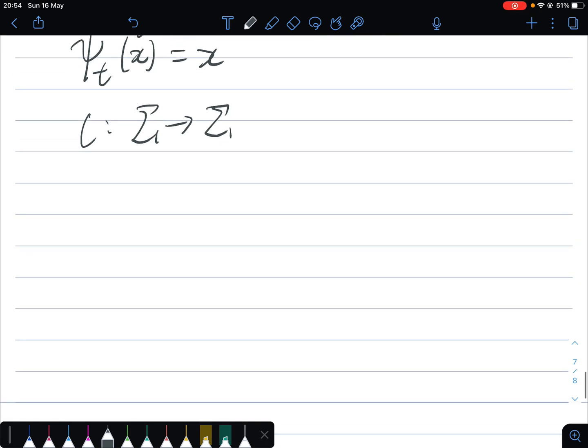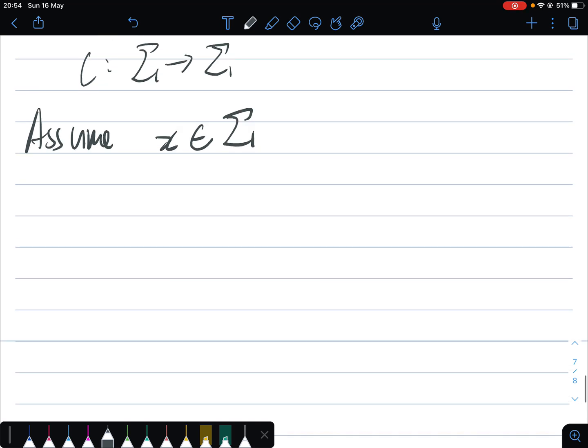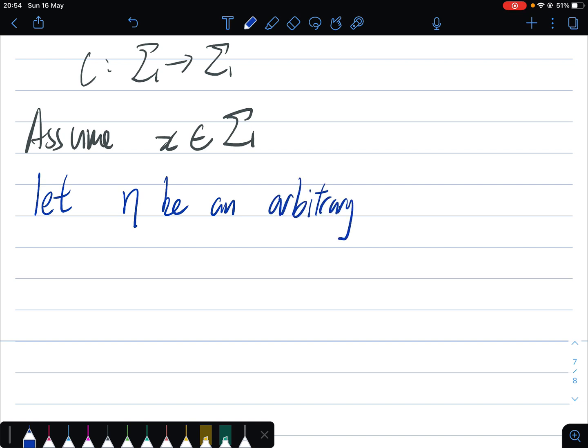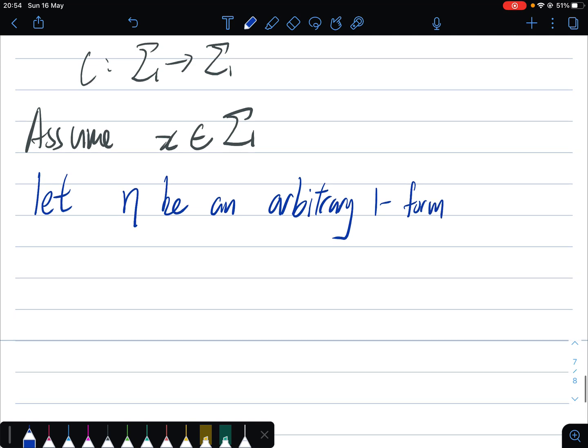Okay, to complete the proof, we now assume x belongs to sigma, and let eta be an arbitrary one form on sigma.